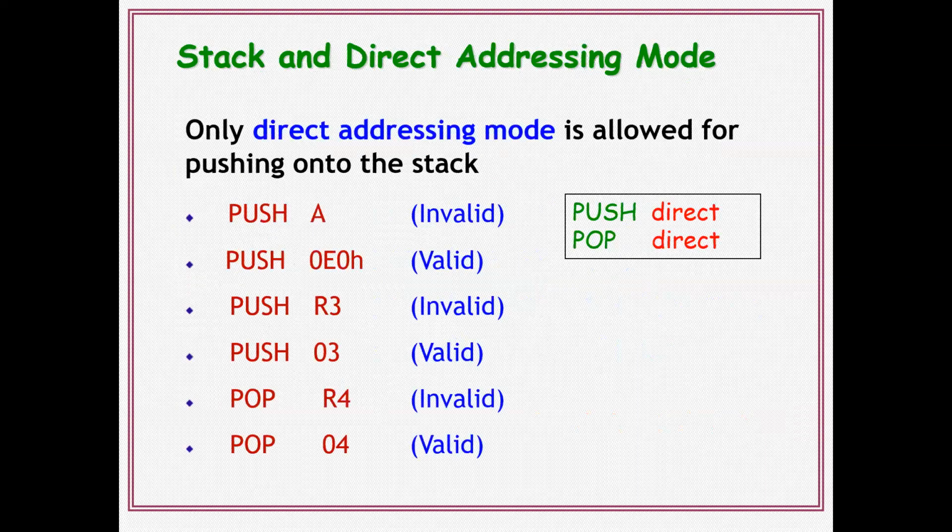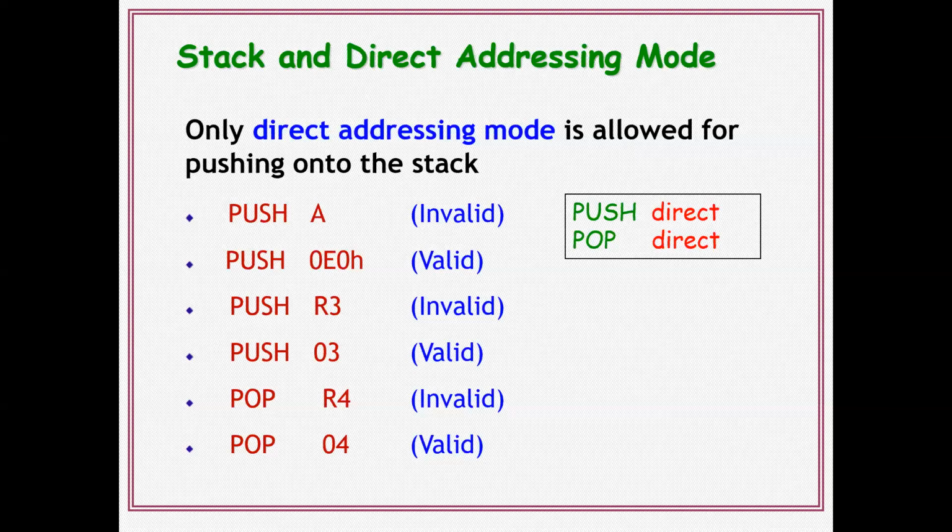For example, PUSH A, the content of the accumulator is being pushed onto the stack. It is an invalid instruction because the stack does not support register names, so it supports only direct addressing mode in 8051. So instead of PUSH A, we can use PUSH E0H. But here E is an alphabet letter, so you put 0 before that E: 0E0H.